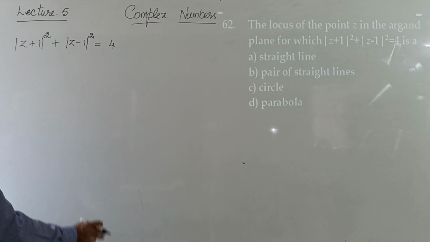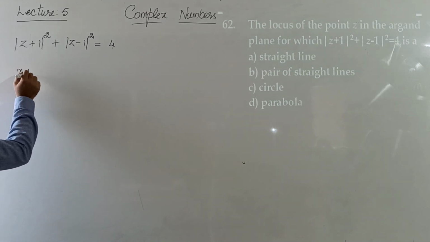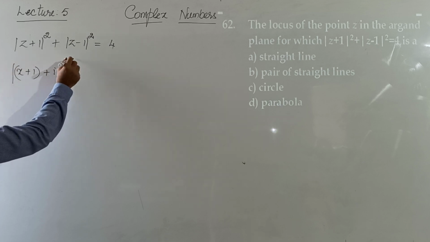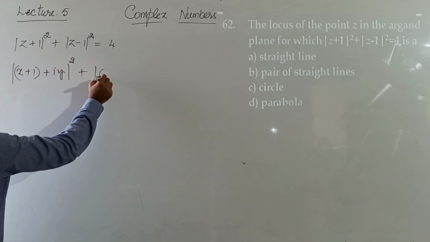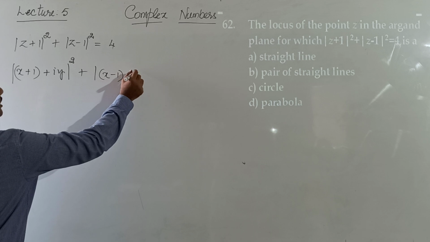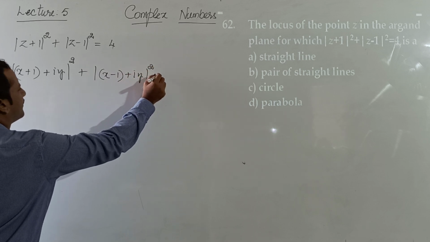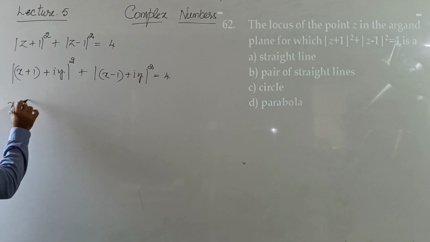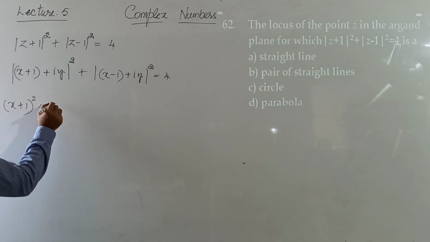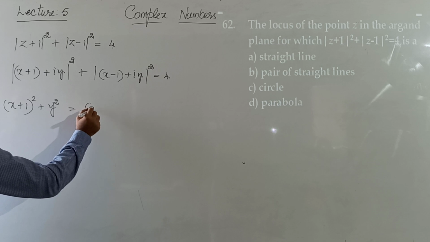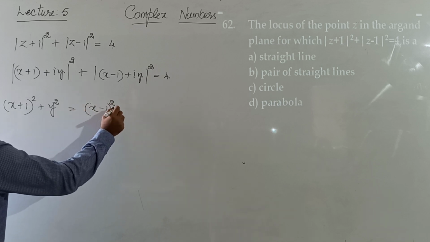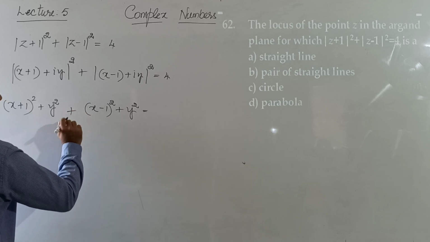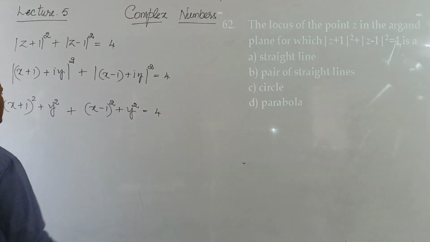Let us see. Z I will treat as x plus iy. So on simplification it will become mod of (x plus 1 plus iy) whole square plus mod of (x minus 1 plus iy) whole square, which will be (x plus 1) whole square plus y square plus (x minus 1) whole square plus y square equal to 4.